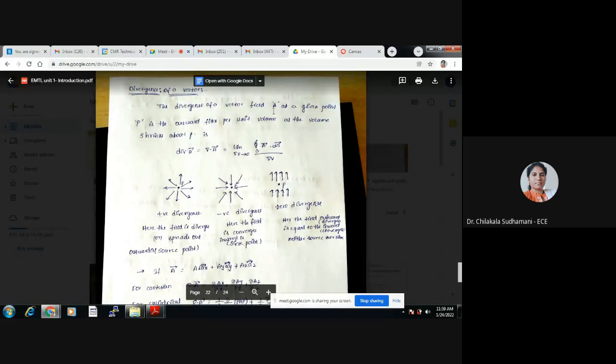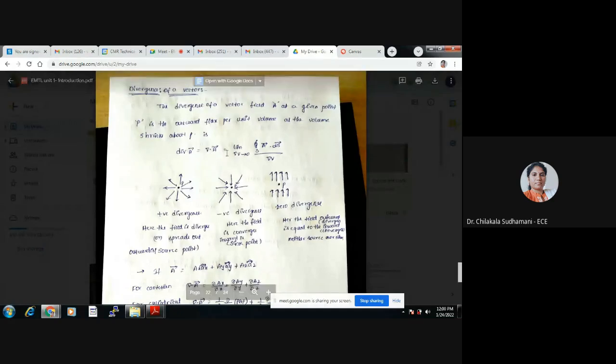The total power generated or the total field strength is mentioned in terms of flux. The field generated by the given vector at a particular point P, the total flux or field generated because of the given vector, is given as divergence of A bar, or del dot A bar.